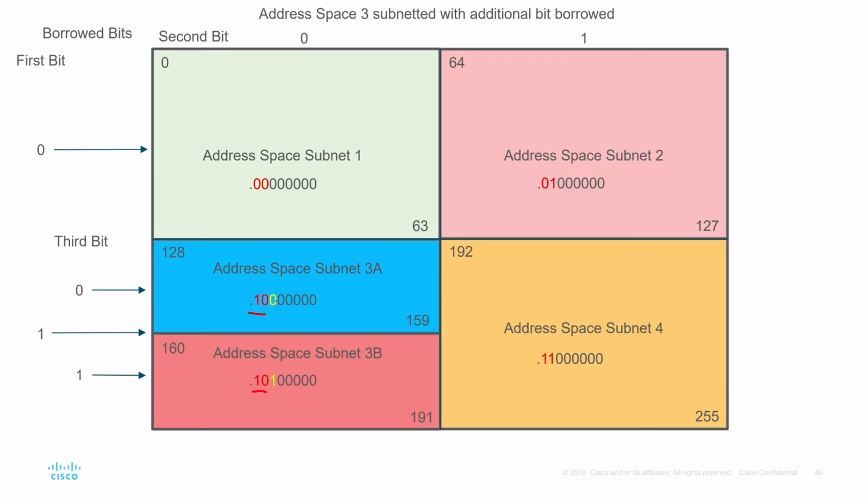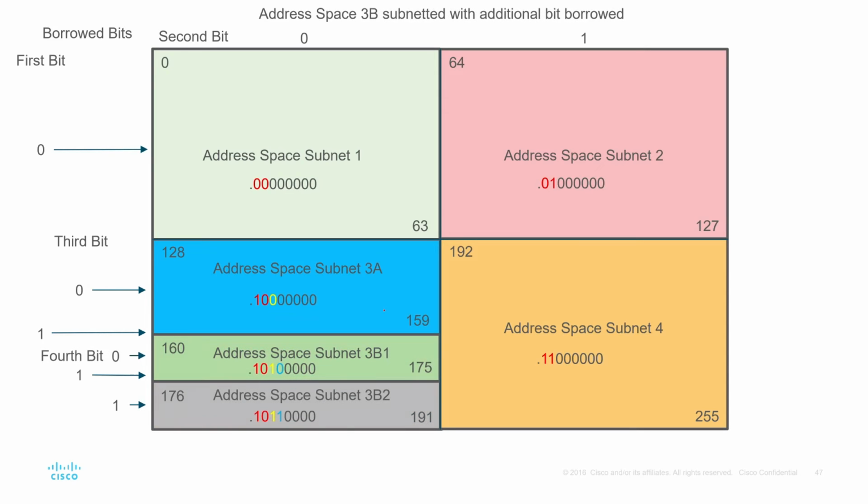And I am using now a third digit to indicate which grouping it is. I could additionally borrow a fourth digit for one of those, breaking it down even further.